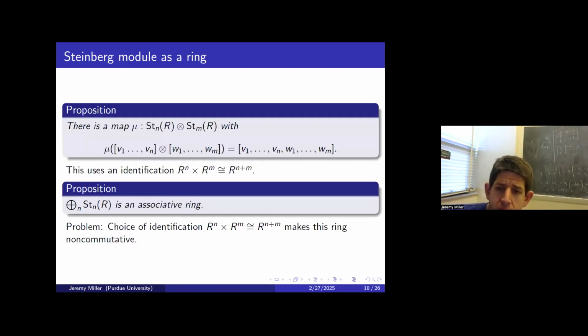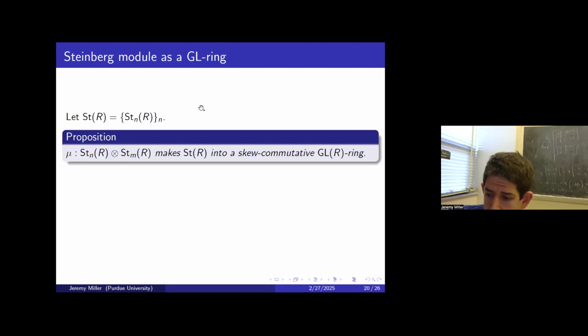Yeah, so there's a map from the n Steinberg module tensor the m Steinberg module. If you have an apartment class associated to a basis of R^n, and an apartment class associated to a basis of R^m, this lets you construct a basis of R^(n+m). Oh, I didn't say the codomain of the map.